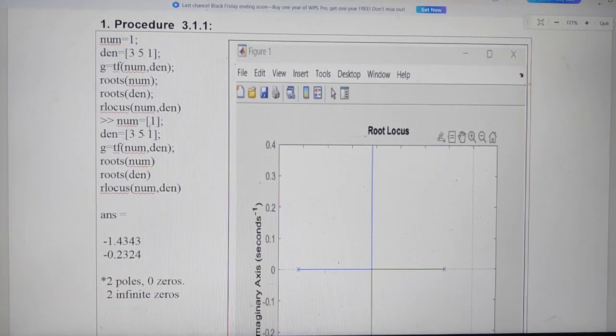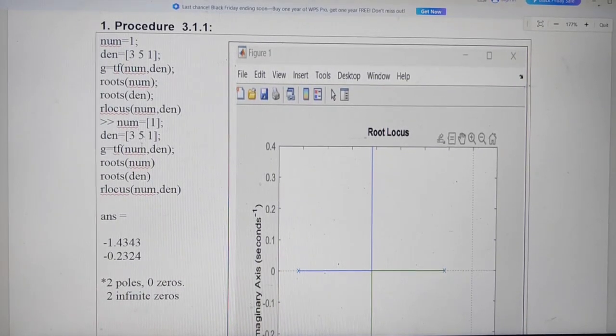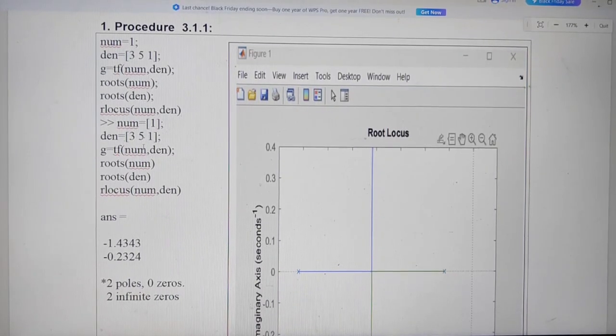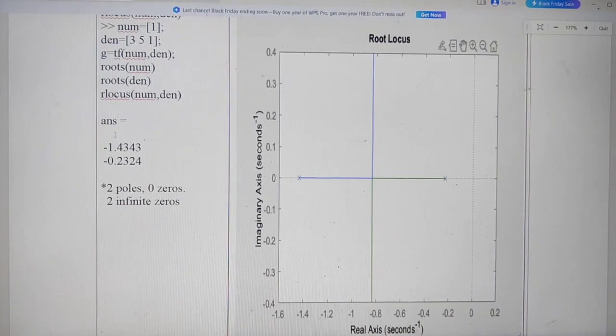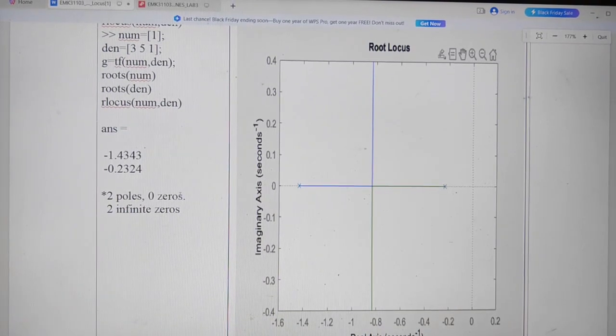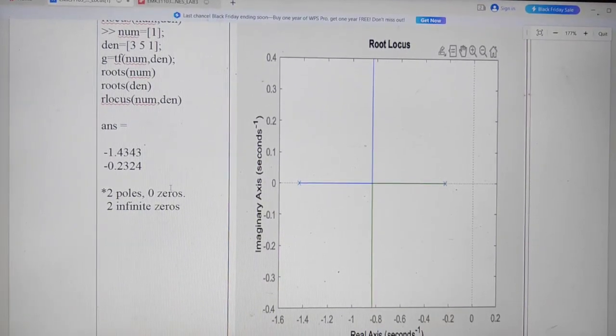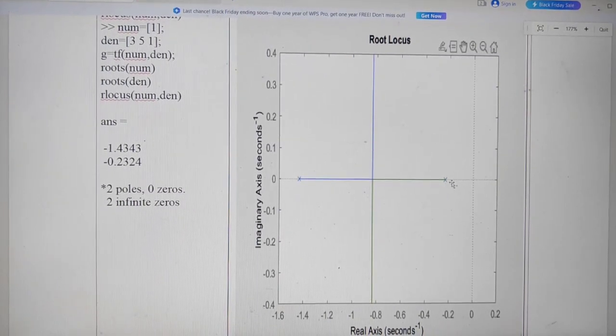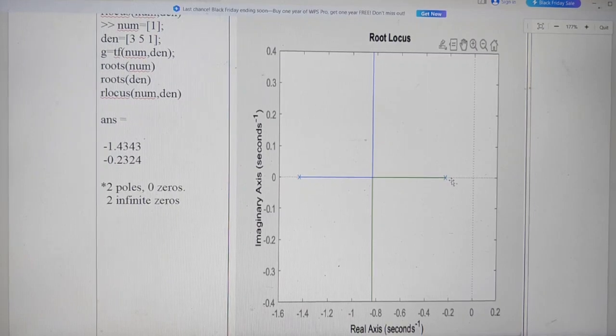Here is the answer: we got 2 poles and 0 zeros, at negative 1.4343 here and negative 0.2324 here.